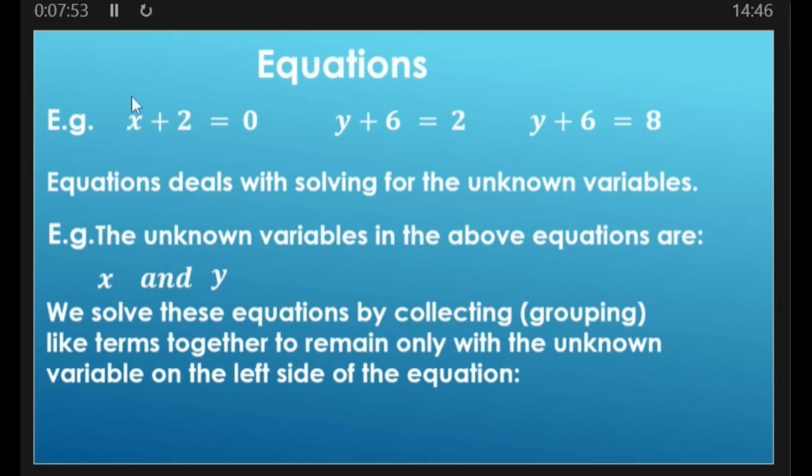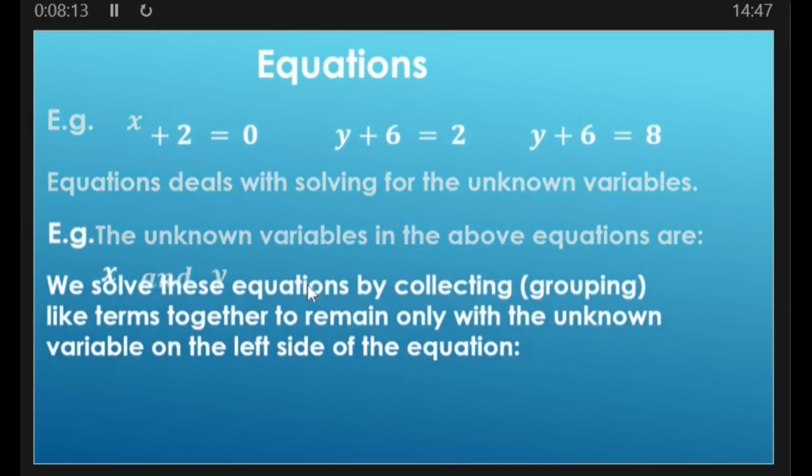So as you can see, these are equations here. In order to solve these equations, like I have done previously, we have to collect like terms such that we remain with only a variable on the left side of the equal sign.